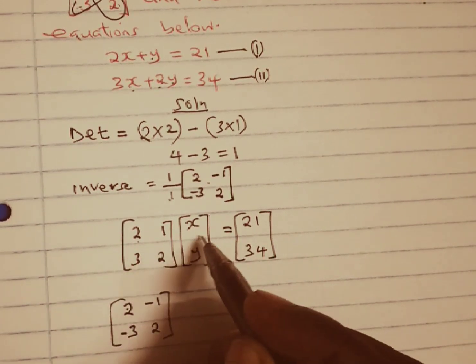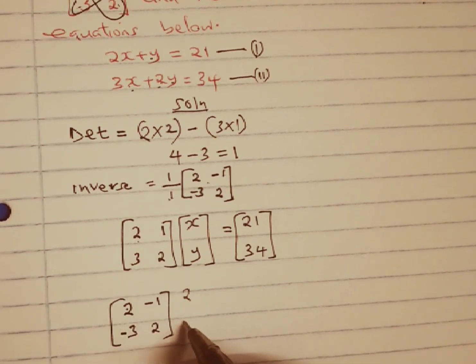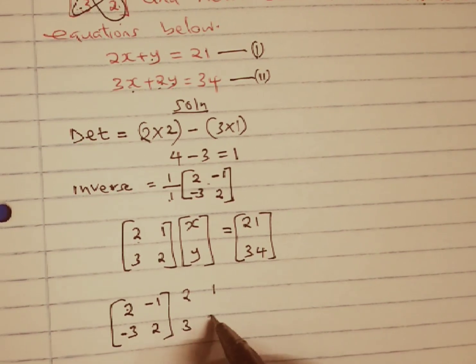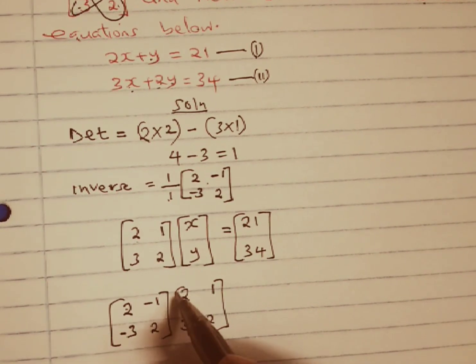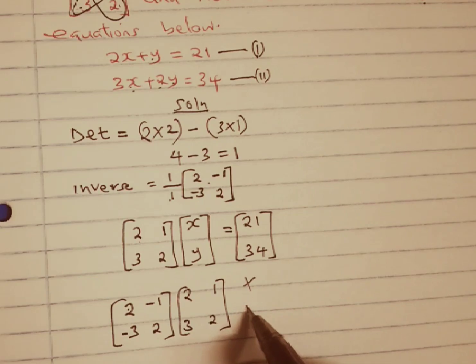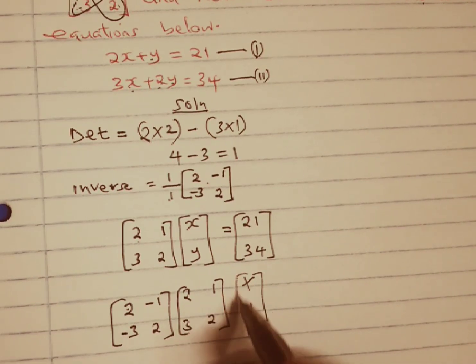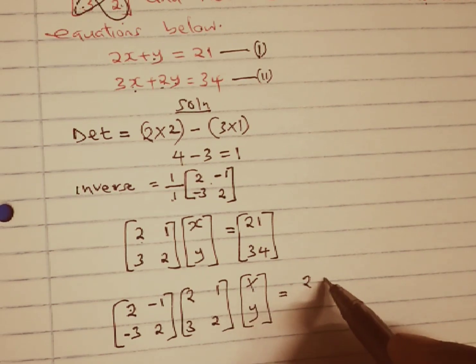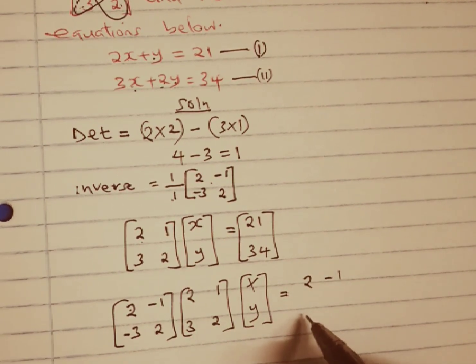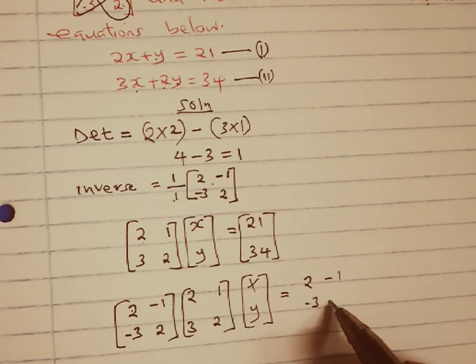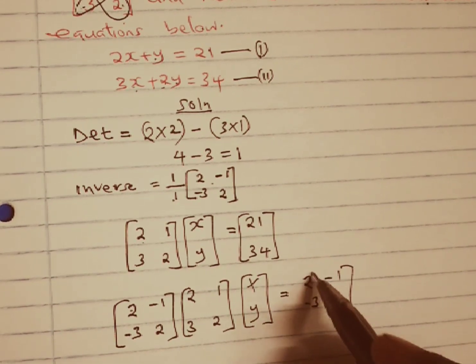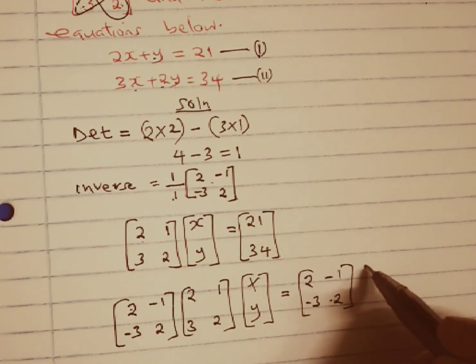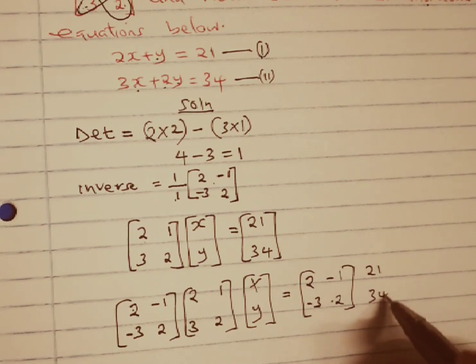We multiply by the entire of this side, which is 2, 3, 1, 2. We have xy. Again, we go and take the inverse, which is 2, negative 1, negative 3, 2. Then we multiply it with the constants, which is 21, 34.